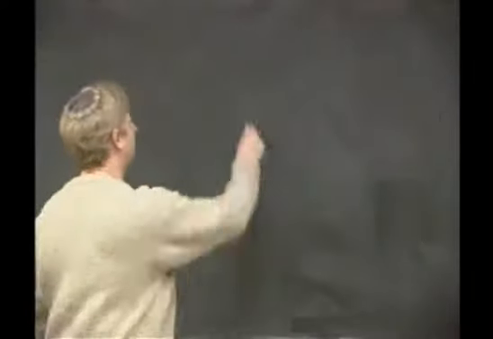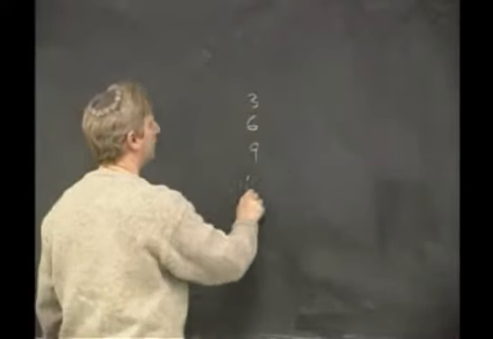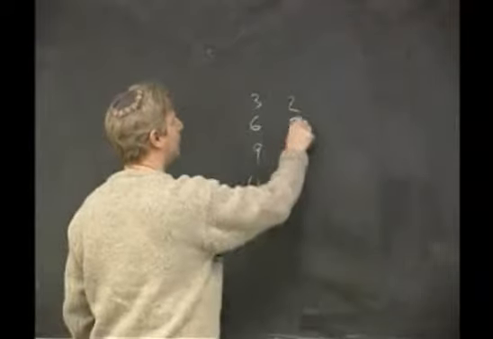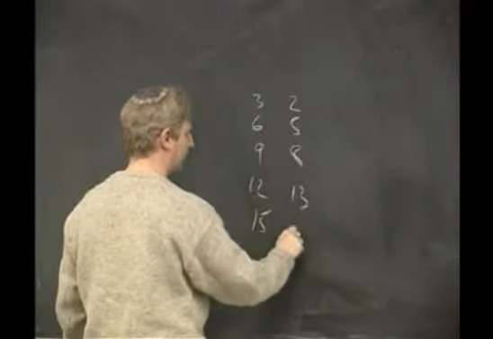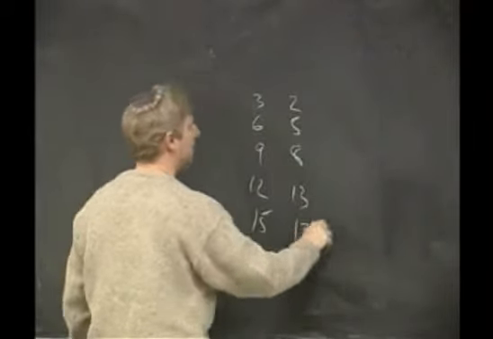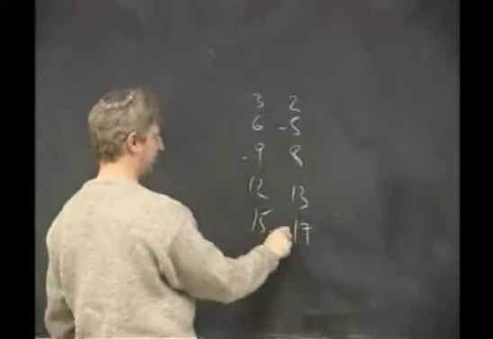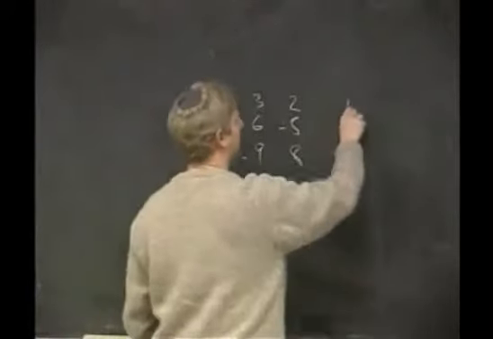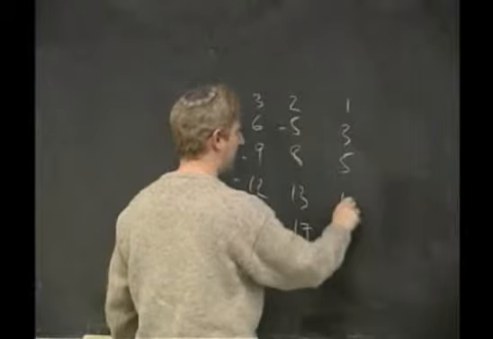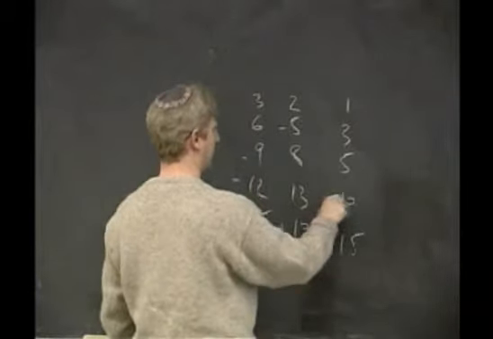So here it is. You have these 3 arrays. Let's just make them up. 3, 6, 9, 12, 15, 2, 5, 8, 13, 17, minus, minus, plus, minus, 1, 3, 5, 10, 15, minus, minus.